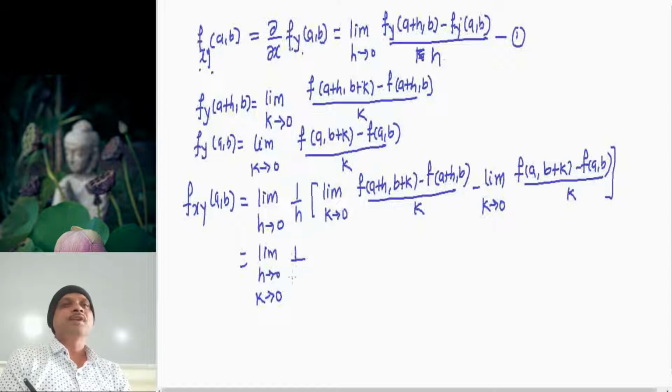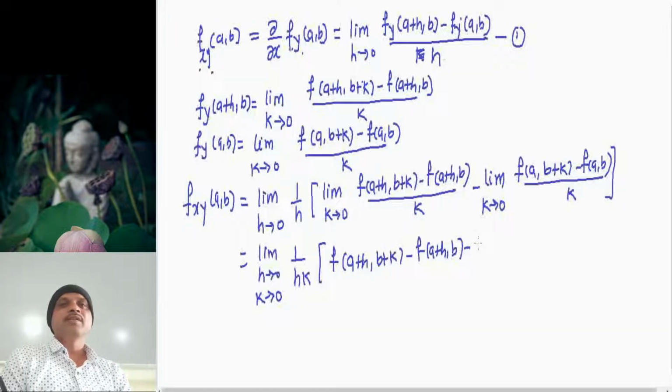The denominator is same, so there is an addition and subtraction of the numerator: f(a plus h, b plus k) minus f(a plus h, b) minus f(a, b plus k) plus f(a, b). So this much value we get for the derivative of f with respect to x y.